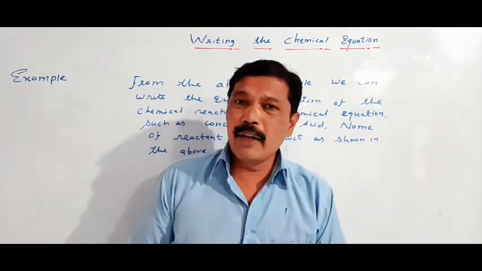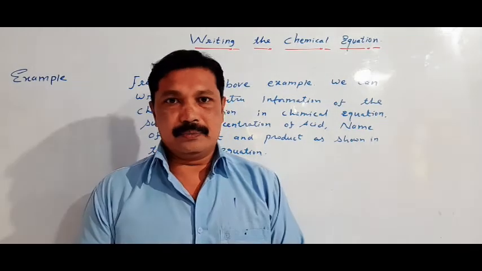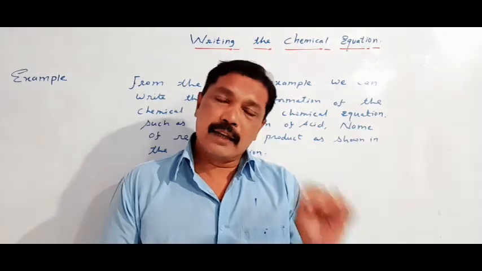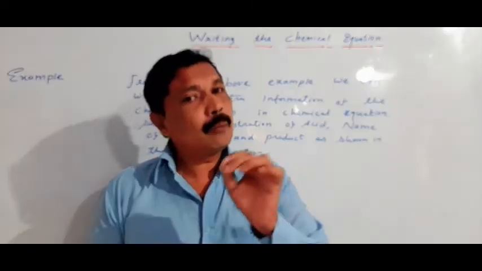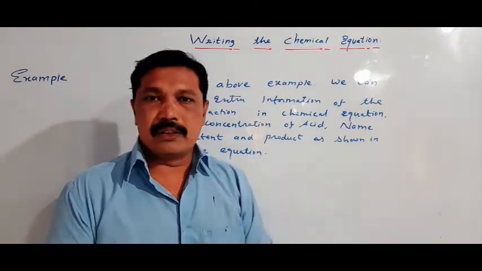The direction of the arrow tells us the direction of chemical reaction. The physical state of the reactant and compound or product can be written in a chemical equation.